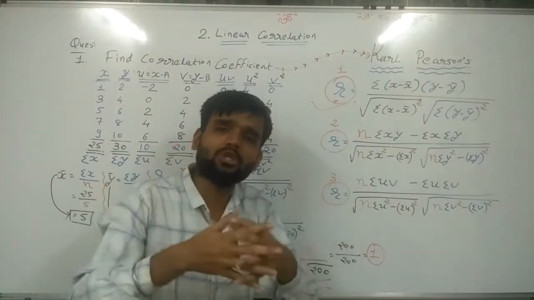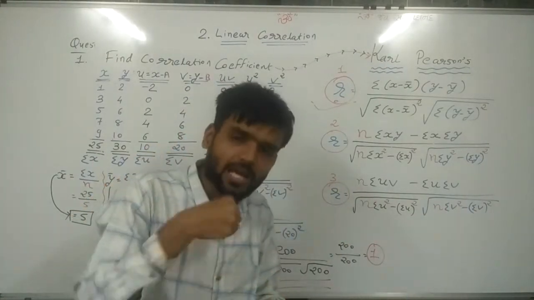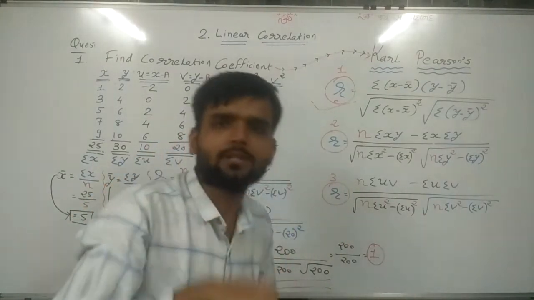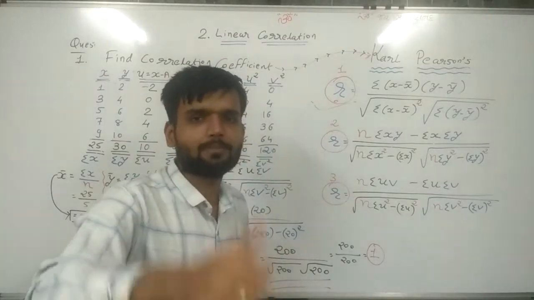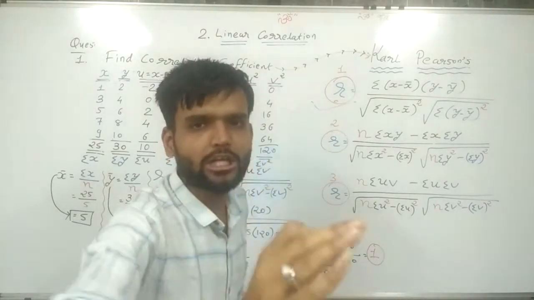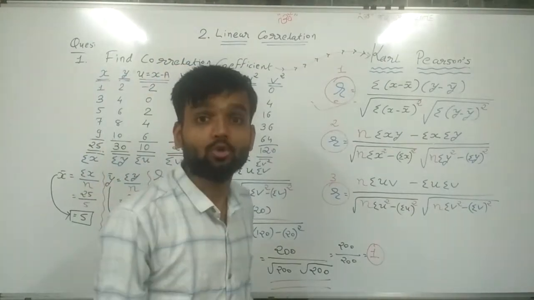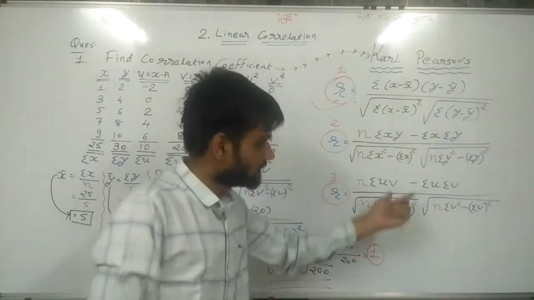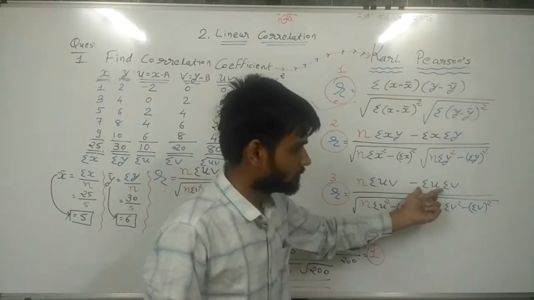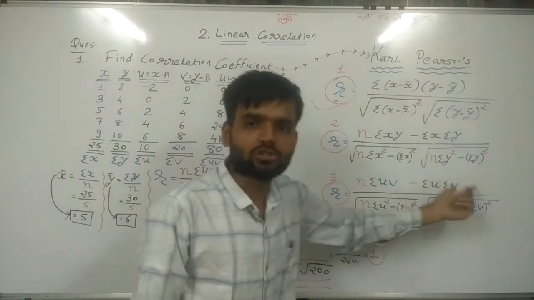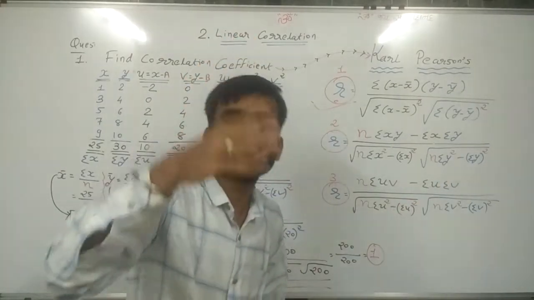To multiply u and v, we should first have u and v. So the first step is to find u and v. Then after we find uv, next we need sigma u and sigma v. For that we need u.